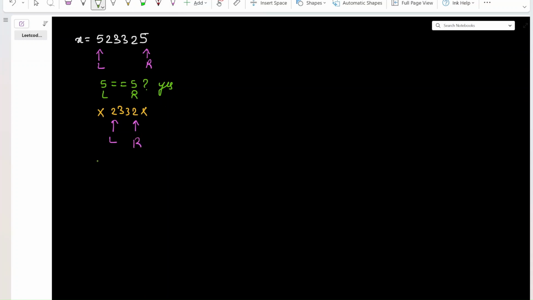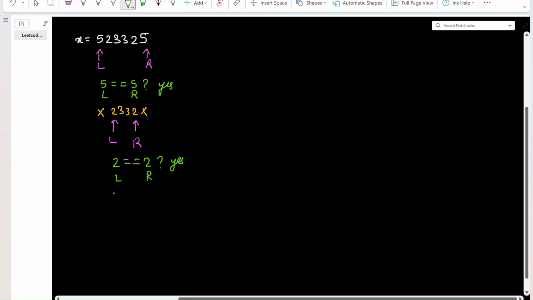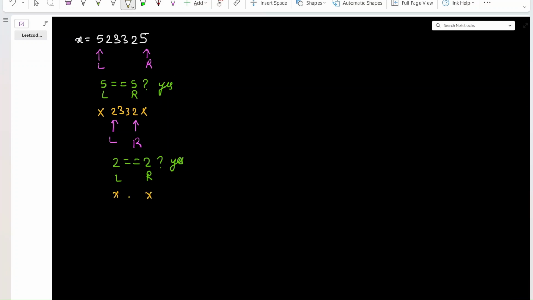Now next we check whether the leftmost one is equal to the rightmost one. So this is left, this is right. Is this true? Yes, it is true. Then again, we are going to repeat it. We're going to forget the leftmost and rightmost one and get the leftover number, which is 33.